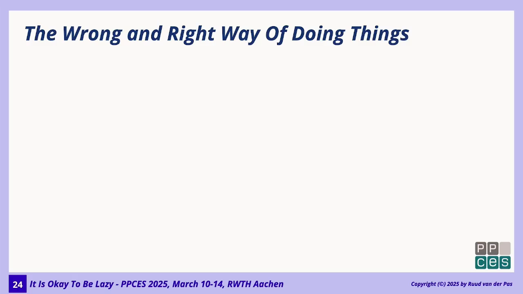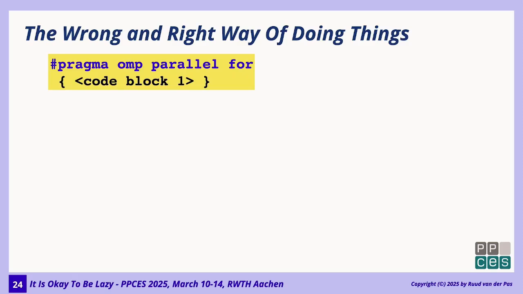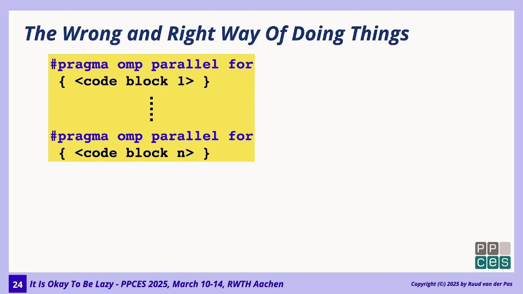And it's so easy, but it's not the best thing for performance. Here's a parallel for, again, or parallel do with some code block. And then another one, and another one. You just parallelize all these loops in your program, in your function. Very natural, and yes, this will run in parallel, but you're wasting a lot of potential performance gains.